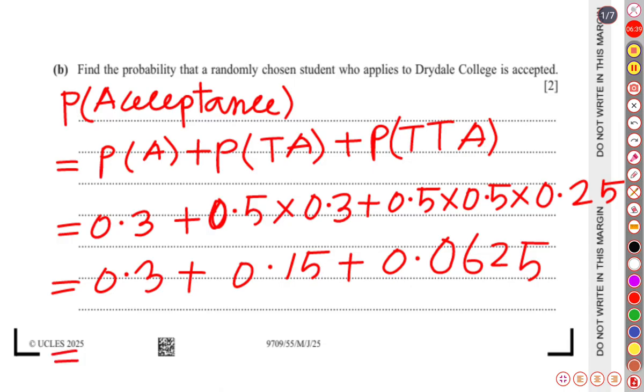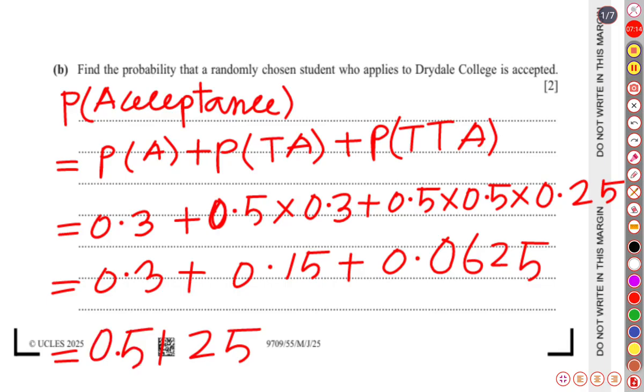The final digit is definitely 5, then the next digit is 2, after that 6 and 5 makes 11, so 1 is carried, giving 0.5125.